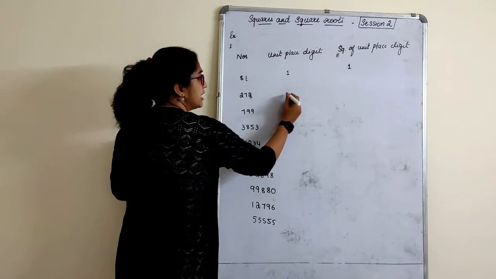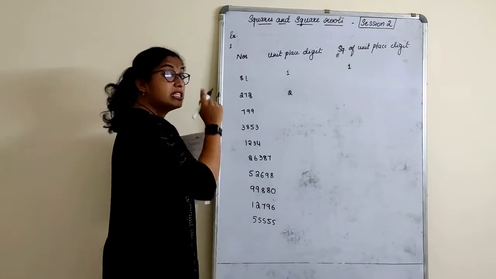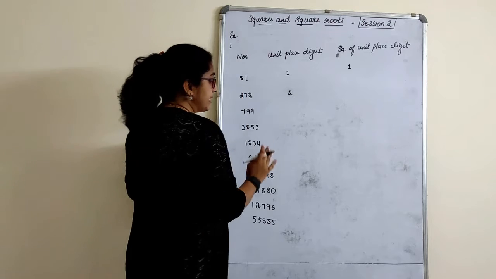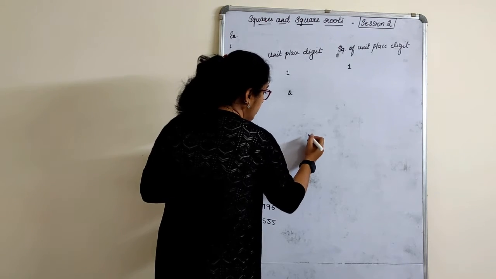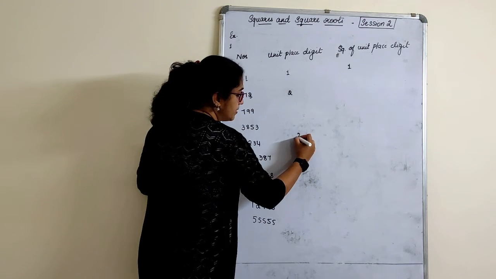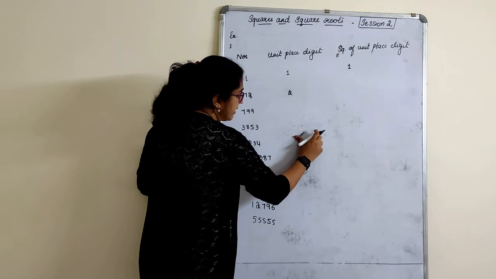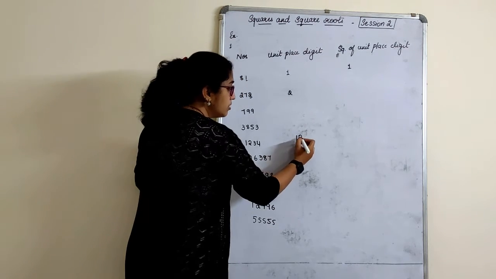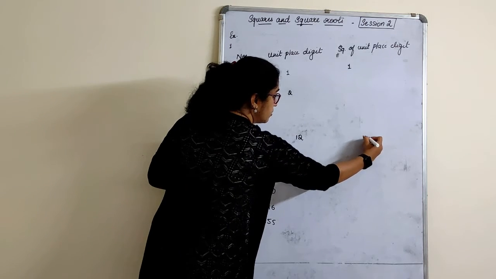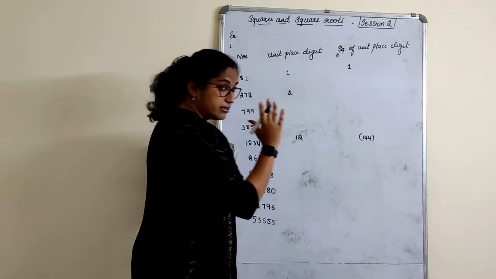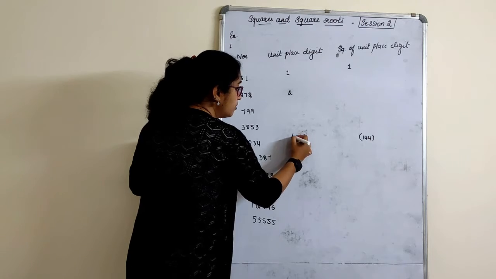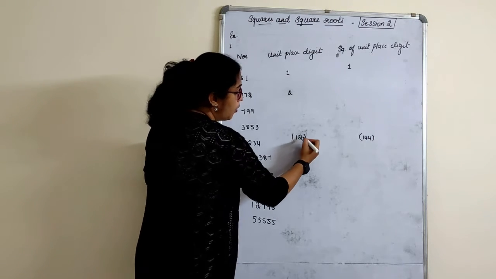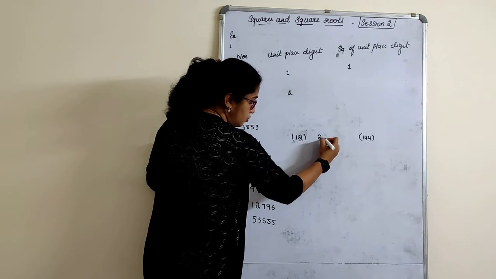Look here. The unit place is 2. I'll give you an example, children. If I give you a known number, 12, what is 12 square? 144. We all know that. Keep that as it is. Now what are they asking? What is the unit place here? 2.